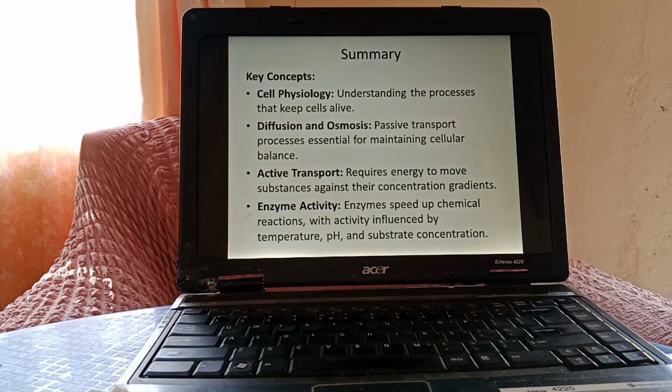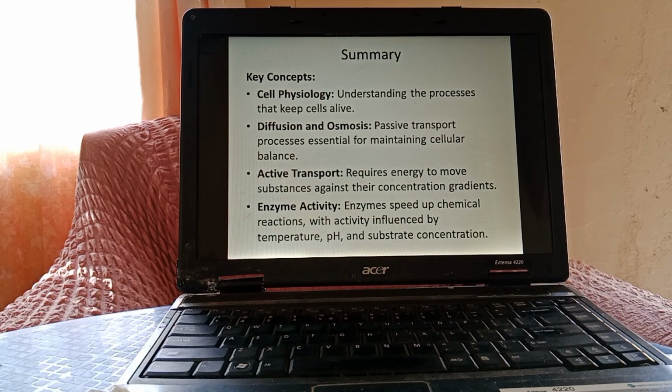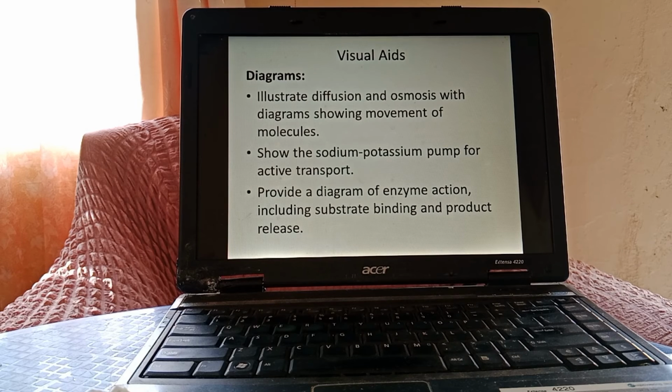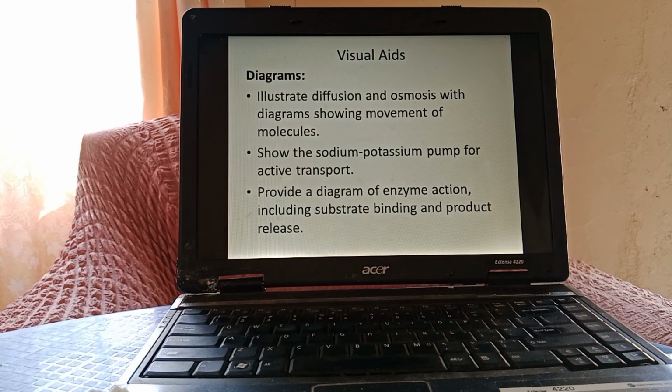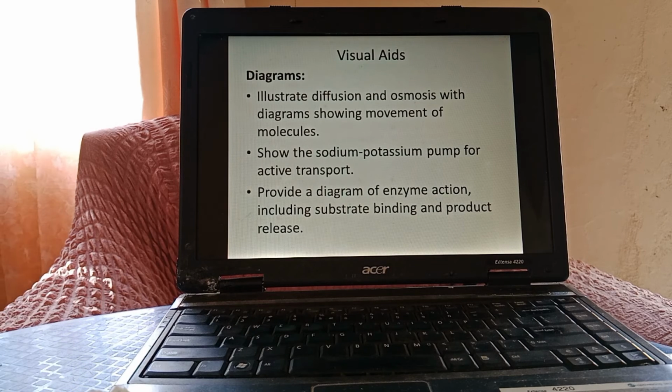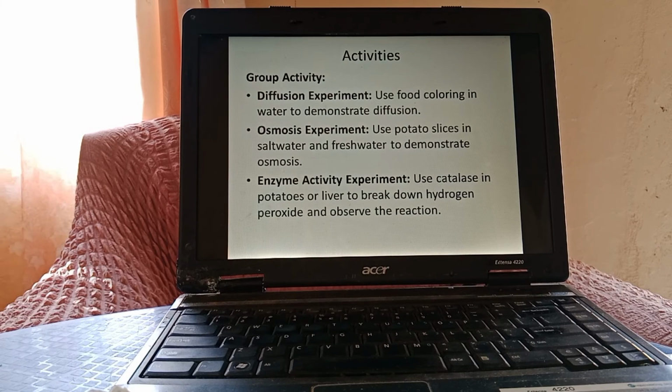Enzyme activity, enzymes speed up chemical reactions with activity influenced by temperature, pH, and substrate concentration. Visual aids illustrate diffusion and osmosis with diagrams showing movement of molecules. Show the sodium-potassium pump for active transport. Provide a diagram of enzyme action, including substrate binding and product release.